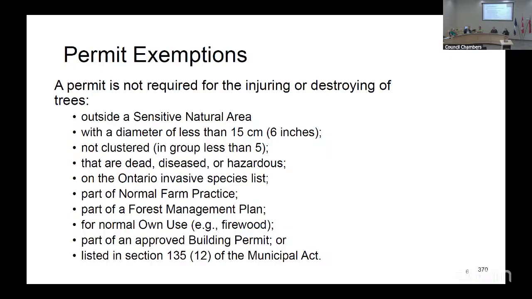Not in a cluster, so if you have a single tree, it doesn't apply. If it's hazardous, it doesn't apply. Also on the invasive species list, and normal farm practices, I'll go through this a little bit later on in the presentation. Own use was one that we were looking at before, that's for firewood. Fence rows or fence posts are another one.